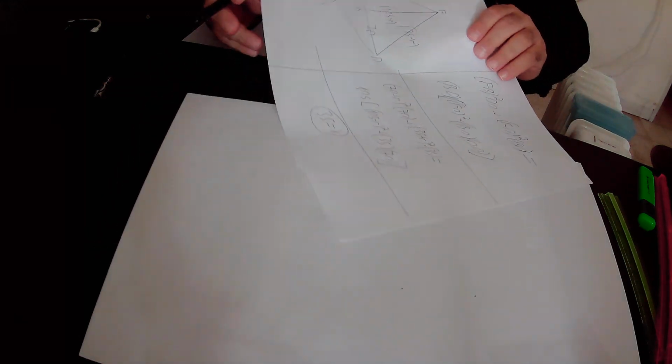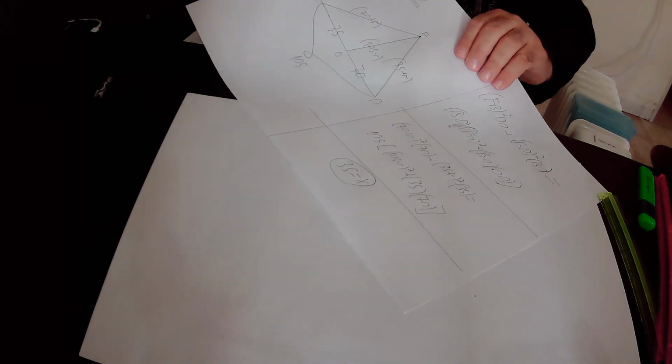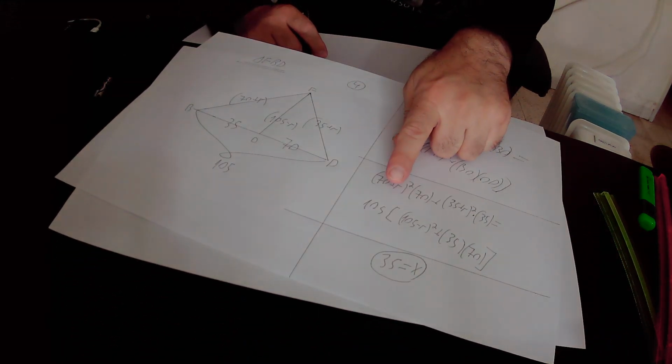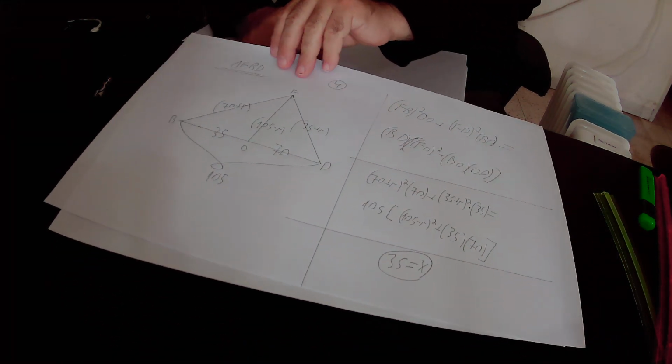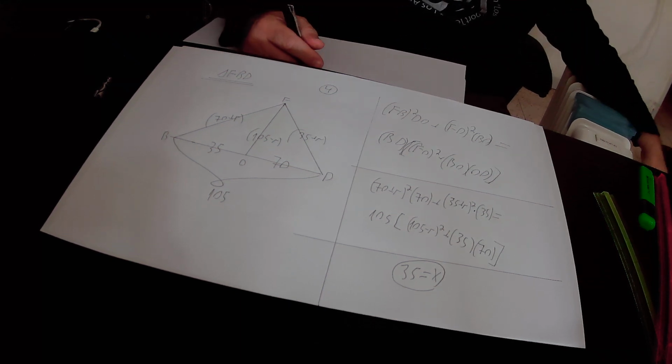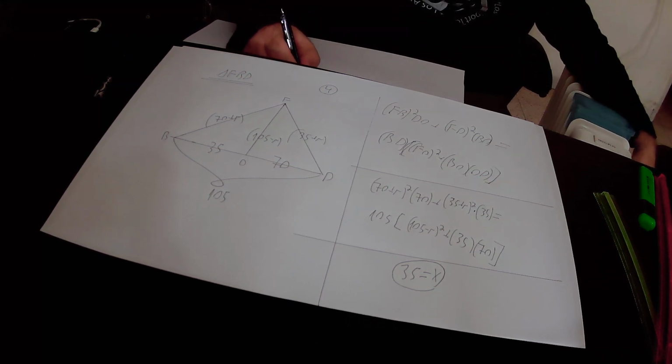And it is equal to, on the other side of the equation, we have 105. 105 is 3 times 35. 3 times 35 is 3x.